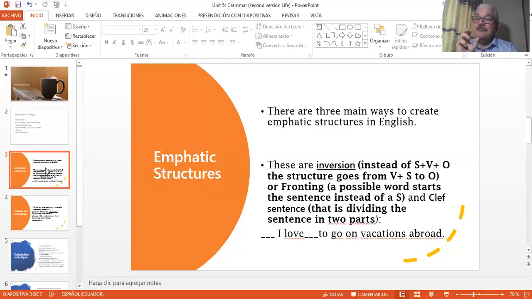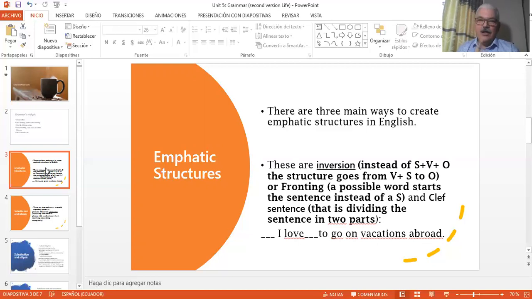And that particular phrase could get the emphasis in the whole sentence. So a different word starts that sentence instead of using the normal subject at the beginning of a sentence. And the third form could be using a cleft sentence.